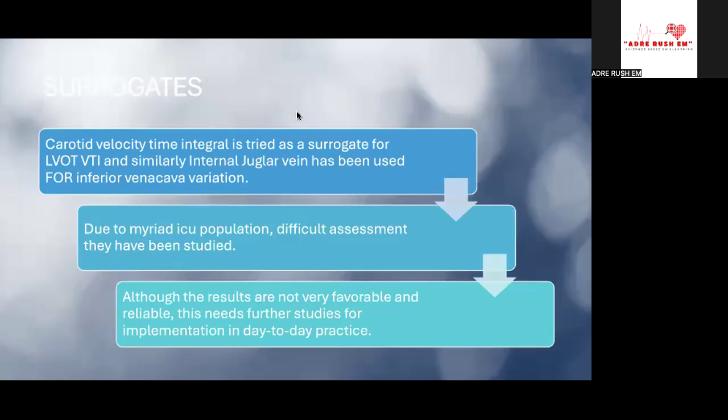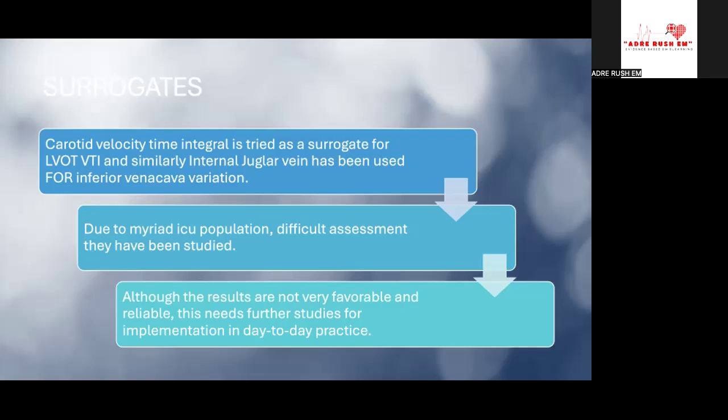Now, how many times have we tried to get a good IVC view but failed? That is many times. So they try to assess other surrogate vessels to help us get an accurate assessment. The same thing for your LVOT VTI, they used carotid velocity time integral as a surrogate. Like that, in place of the inferior vena cava, they used the femoral vein as a surrogate.